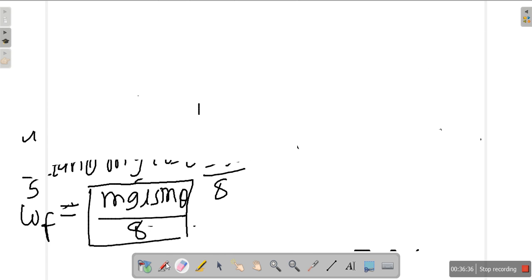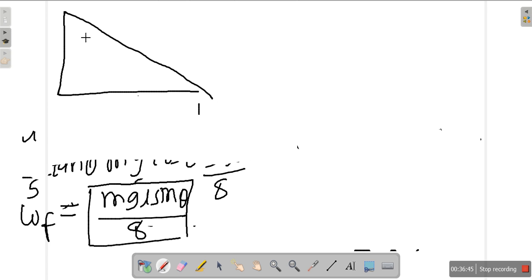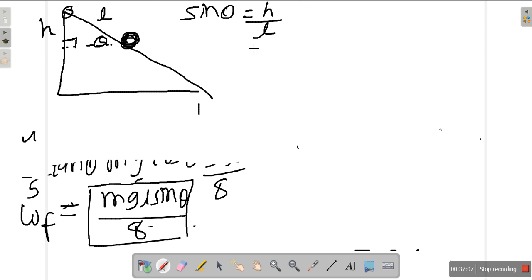Okay, see here. I will represent a sphere by a small thing so that there will be no confusion here. Suppose this height is h, this is theta and this is L. Then obviously sine theta will be h upon L. So what is the work done by weight?